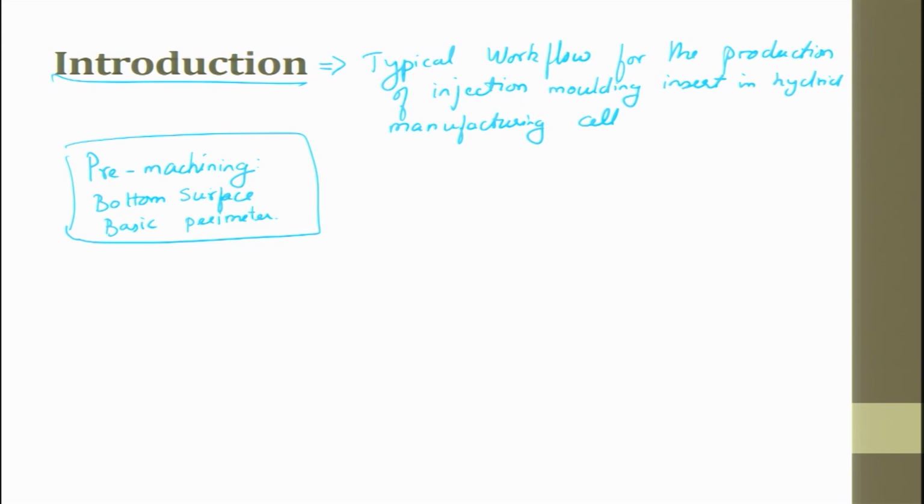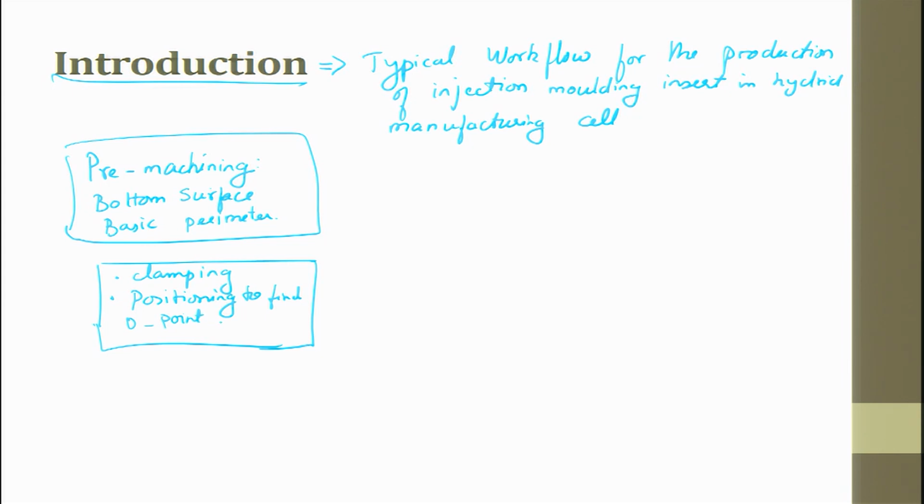So in pre-machining we do clamping, then we do positioning, to find the zero point, that means to say the reference point and coordinates.